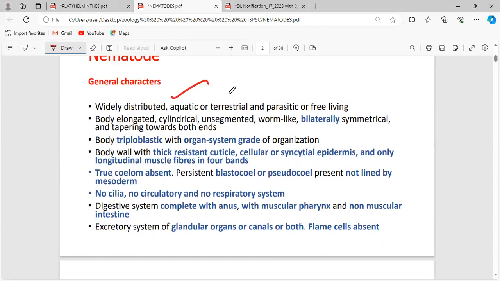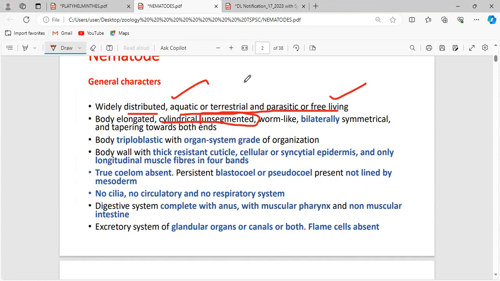See the general characters of nematodes. Platyhelminthes and nematodes, or the Nemathelminthes or Aschelminthes, both come under the helminth classification. They are widely distributed, aquatic, terrestrial, and parasitic or free living. The body is elongated, cylindrical, and unsegmented. The concept of segments starts only from the phylum Annelida.